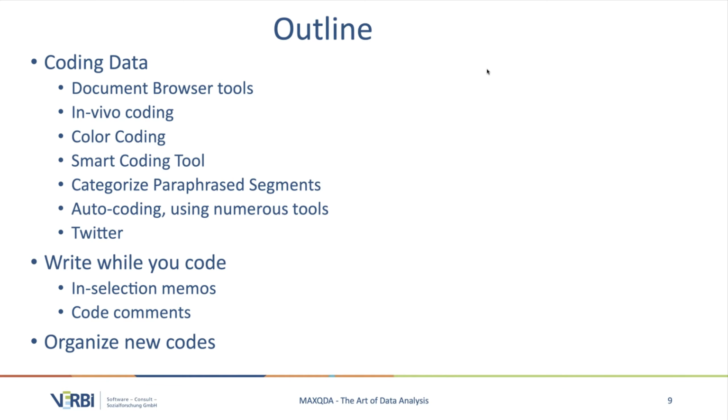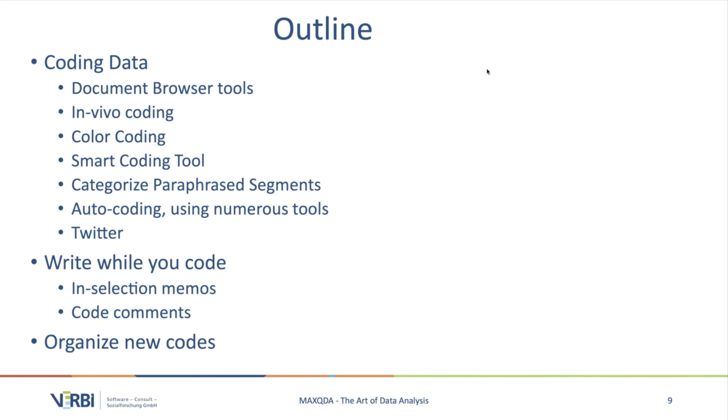We will also jump back briefly to our session on paraphrasing, and we'll talk about categorizing paraphrase segments as one of the tools. We'll explore a little bit about auto coding. We'll show you how you can use searches and word lexical searches, and then use that to have MAXQDA code words for you.